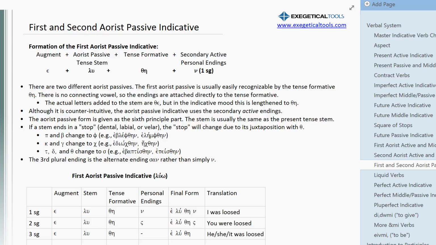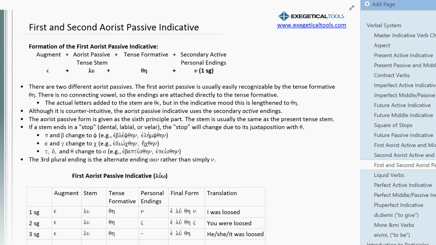In this video we're going to look at the first and second aorist passive indicative. Now the first thing I want to say is that the second aorist passive doesn't really correspond to the second aorist active. So you might think of it this way: there's an aorist passive, and then the first is the regular and the second is the irregular.